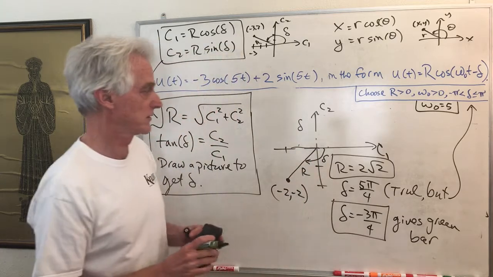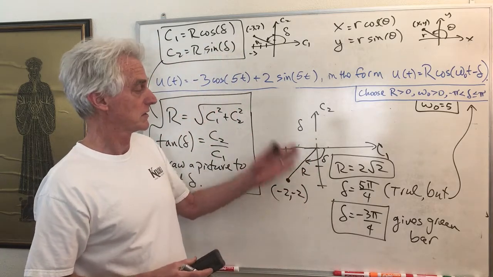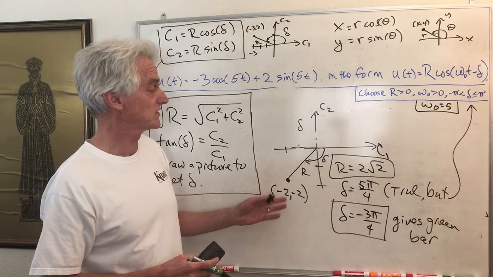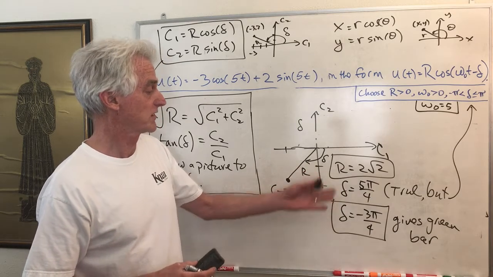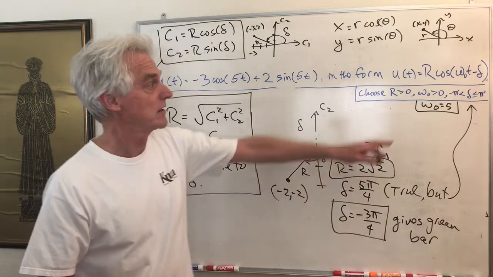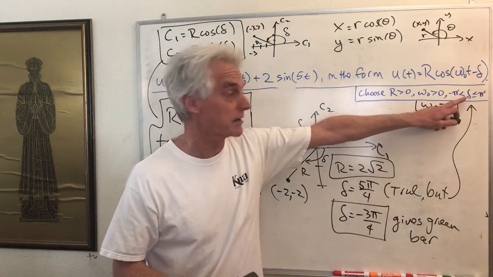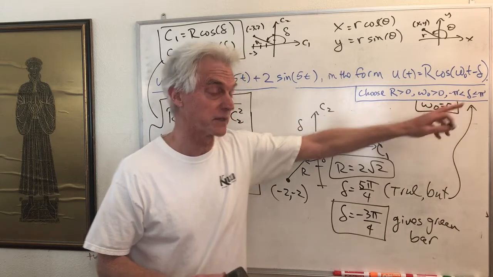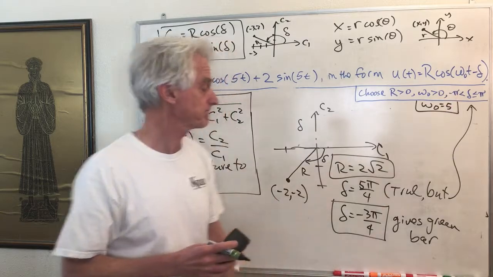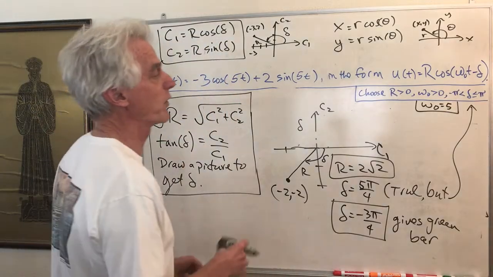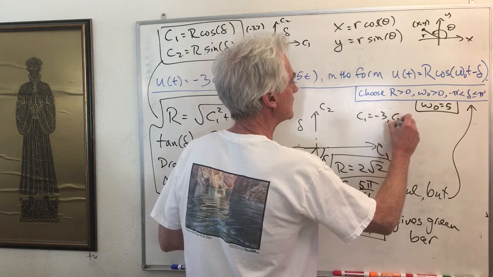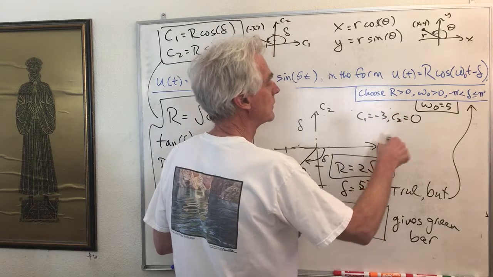Because there's lots of different deltas that give me the same point in the polar coordinates, right? Another thing I could do is add 2 pi to any of these and it would still be right in a way, but it wouldn't be in that correct interval for delta. So you get a unique answer in that interval. Okay? Just one more example of that is C1 is, say, -3, C2 is 0.